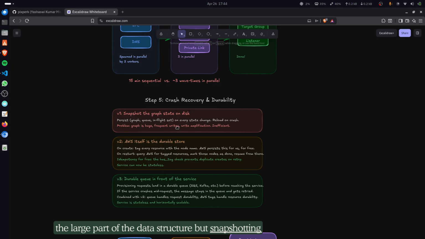But snapshotting is very inefficient because the graph data structure is huge and it will cause a lot of space complexity problems, and we will have to do frequent writes. It's inefficient. Second, we use AWS as the durable store. We discussed the tag, so we'll use the tag. AWS persists this for us. On restart, query AWS for tagged resources.